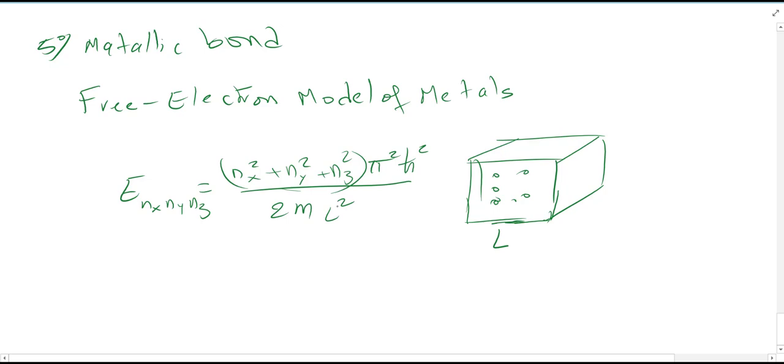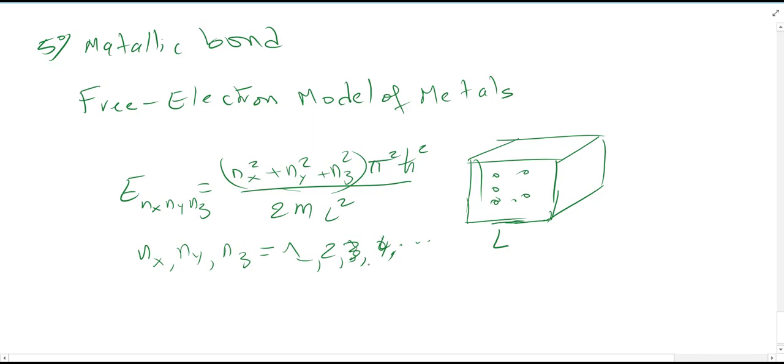So this is the energy level for a given electron, where nx, ny, and nz are integers 1, 2, 3, and so on. They cannot be 0, of course, all positive integers.